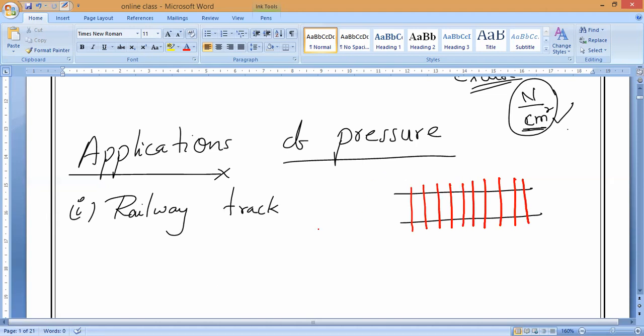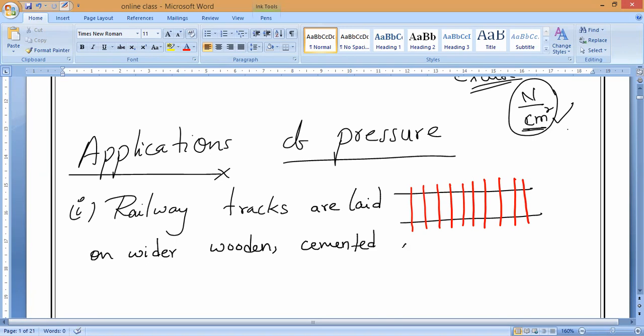Railway tracks are laid on wider wooden, cement or iron sleepers. Why are they arranging this? That is the first importance. So please, all of you write: first application. Railway tracks are laid on wider wooden, cemented (that is, concrete) or iron sleepers.